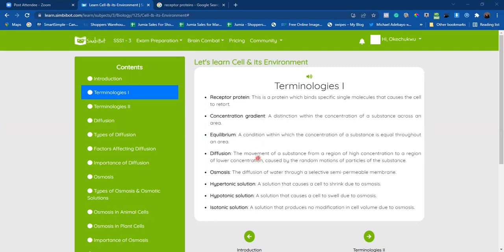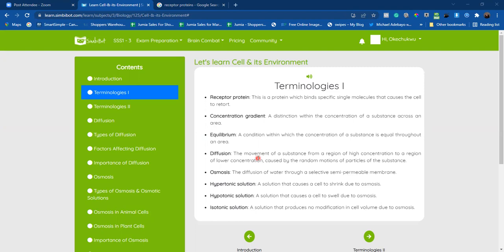All right. Diffusion: the movement of a substance from a region of high concentration to a region of lower concentration, caused by random movements of particles of the substance. So there cannot be movement from one region to another if there is no random motion. All right. What causes the movement of these substances is triggered by the random motion.